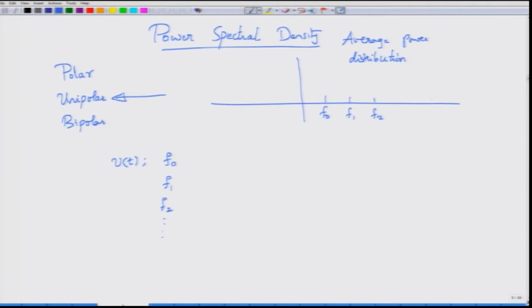If you see the power spectral density going something like this, this tells you the average power associated with the f0 component is so much, the average power associated with f1 is this, and the average power associated with f2 is this one. Because there are an infinite number of frequencies, it is better to work in the continuous domain. In fact, power spectral density is usually a continuous quantity which tells you how the power is distributed.